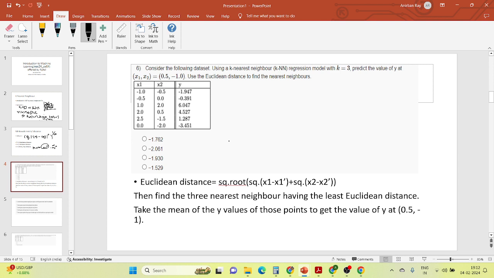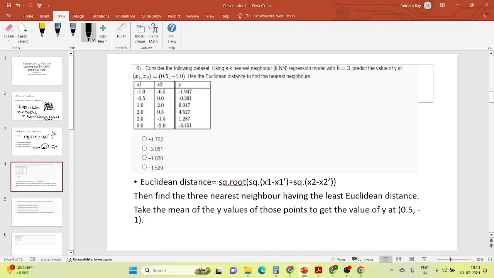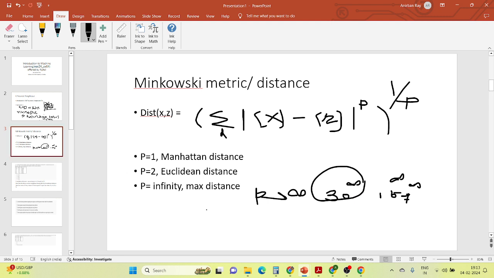Sir, can you please repeat p equal to infinity? Suppose there are points, at least 2 points are needed, and suppose there are three components for it, three dimensions.